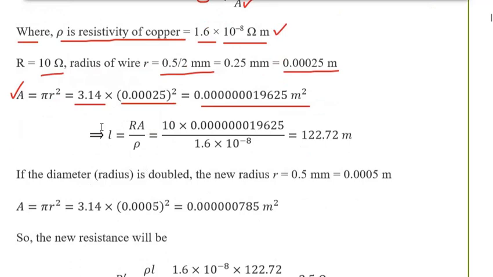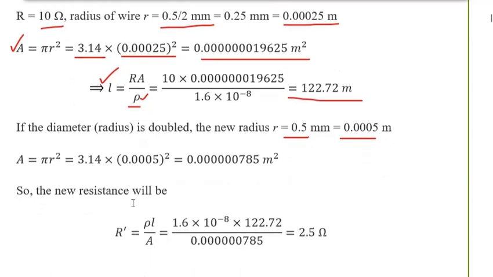So length of the conductor equal to RA by rho. Now putting the value of R, value of A and value of resistivity, after the calculation we get 122.72 meter.